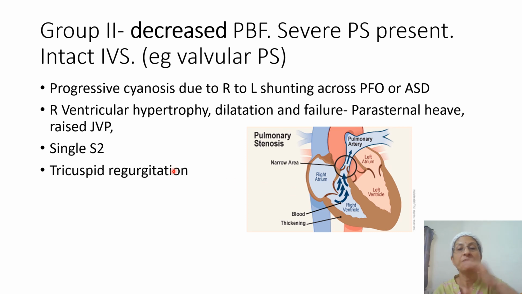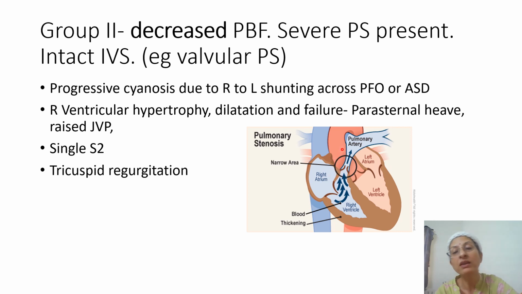In this condition, you will get increased pressure in the right atrium because the right atrium has to pump blood into the right ventricle, and the right ventricle is becoming less and less compliant because of its hypertrophy. The pressures are increasing. So here the right atrium is also going to have increased pressures. And due to this increased pressure, there will be opening of the foramen ovale.